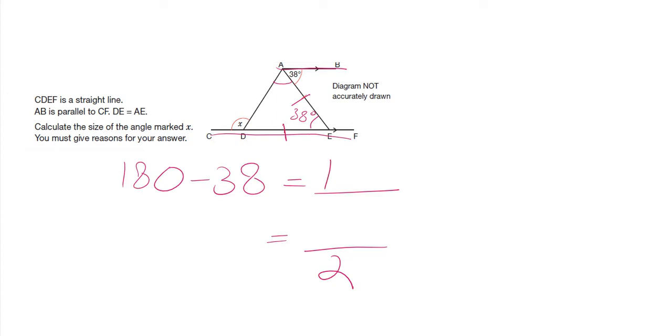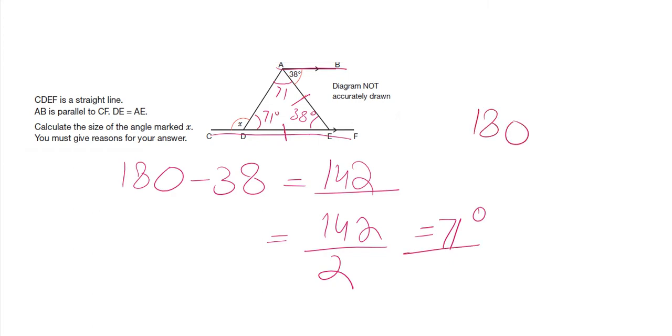So we got over here 180 minus 38, 142. 142 divided by 2, 71 degrees. So these two are equal to 71 degrees. And because this is a straight line and this whole will be equal to 180, we have 71 plus x.